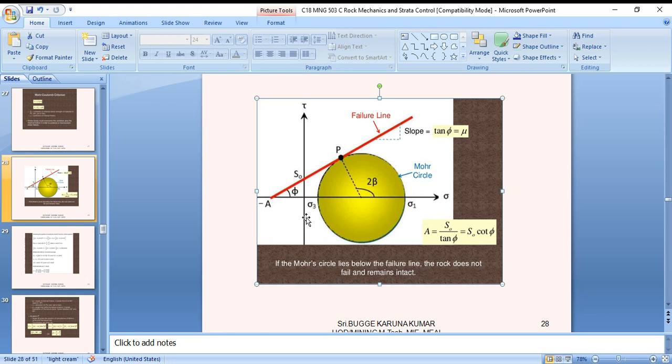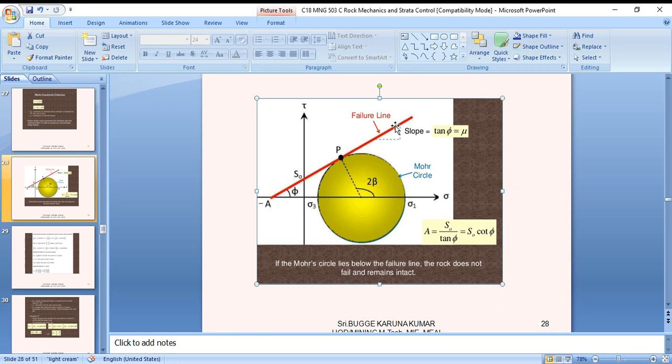If the Mohr circle lies below the failure line, the rock does not fail and remains intact. If it goes beyond this line, it is a failure. So a geometrical solution of stress in any required direction is provided by the Mohr circle.